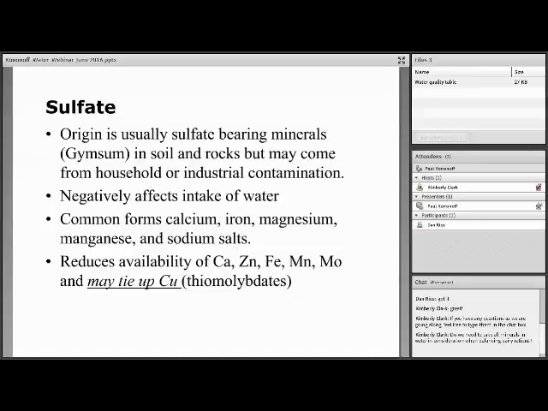And so if you're in an area where you see high concentrations of sulfate in your water, I would highly recommend that you talk to your nutritionist and consider adjusting the ration, because those animals may not have these specific minerals as available as you would expect if sulfate was not in the water.